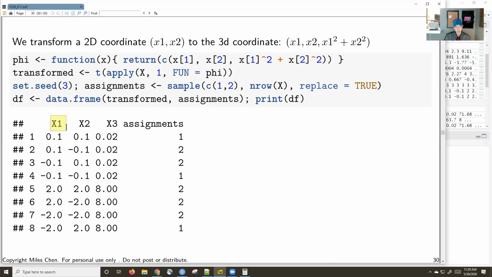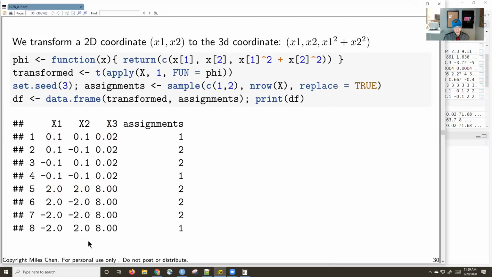So here I've got x1 and x2, and x3 is x1 squared plus x2 squared. So I've got 0.1 squared is 0.01, 0.1 squared is 0.01, and when I add those two together, I get 0.02. If I do that to all of these, I get 0.02 for all of them. For these ones down here, 2 squared is 4, 2 squared here is 4, and when I add those together, I get 8.